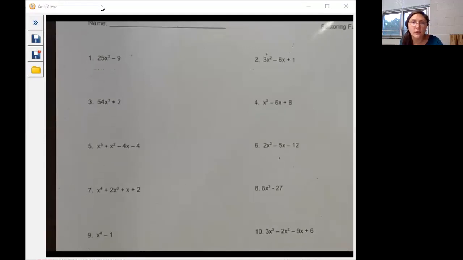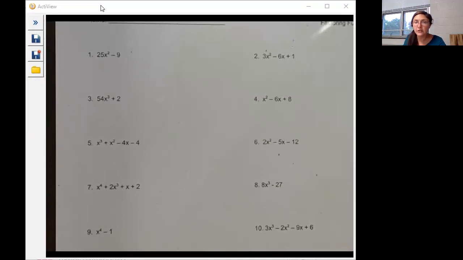You guys can see 1 through 10 right now. I want you to make a little note to yourself, however you'd like, in your packet or on some scratch paper, on how many terms each of these problems has. So take a minute to try that right now.